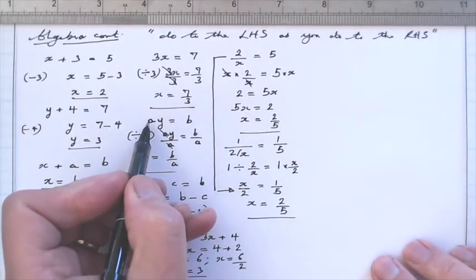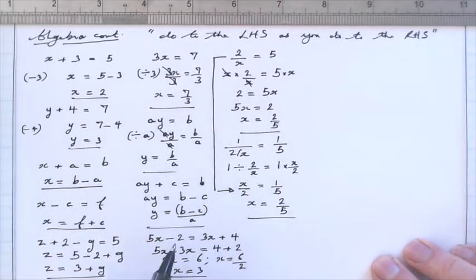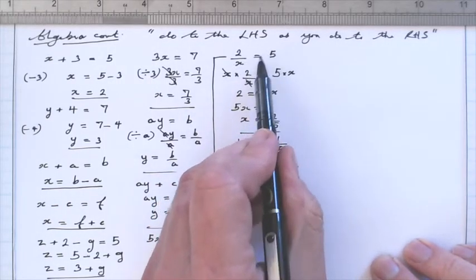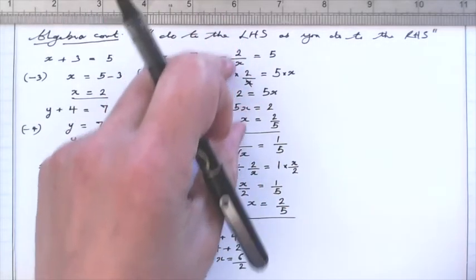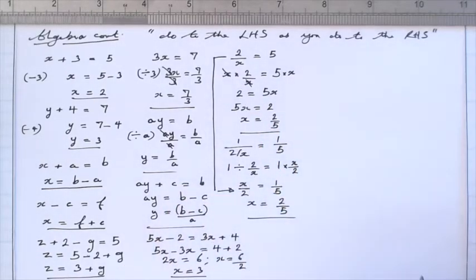Just as we brought a downstairs across the equal sign, something in the denominator can be brought upstairs, just as we saw here. We move the x upstairs. So 2 different ways of solving that problem where x was sort of in the denominator, but again, just involving confidence in manipulating the left-hand side exactly the same way as the right-hand side.